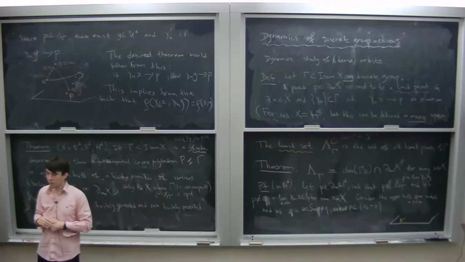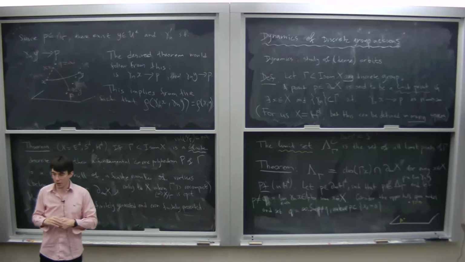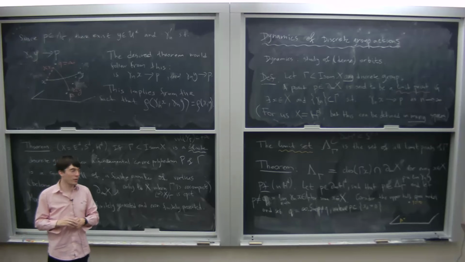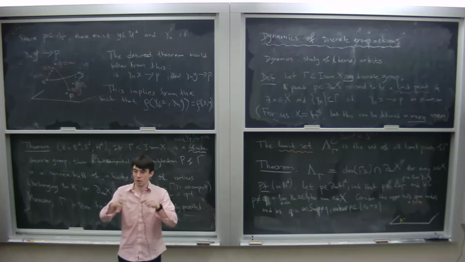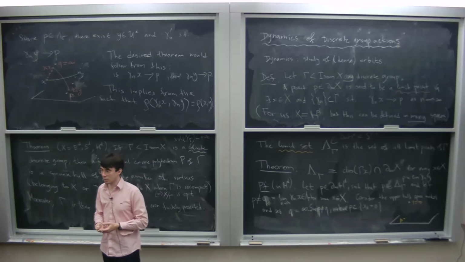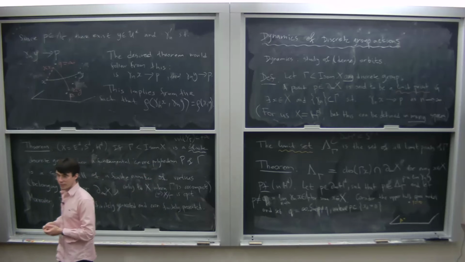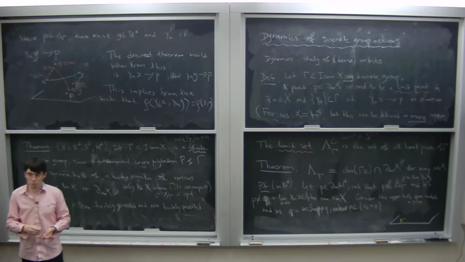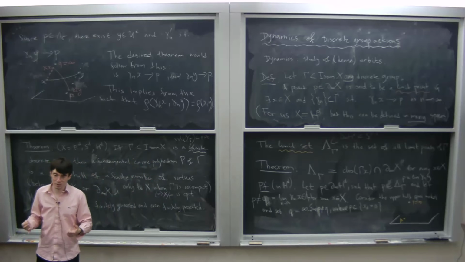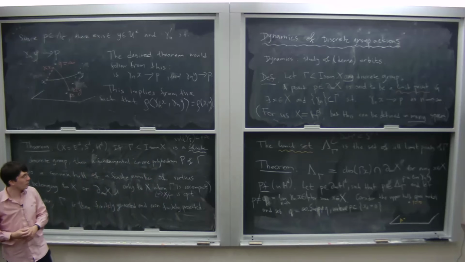Just a short spoiler: if gamma is cofinite, then the limit set is the entire boundary, the entire sphere at infinity. So in the cofinite or co-compact cases, the limit set is the entire sphere.